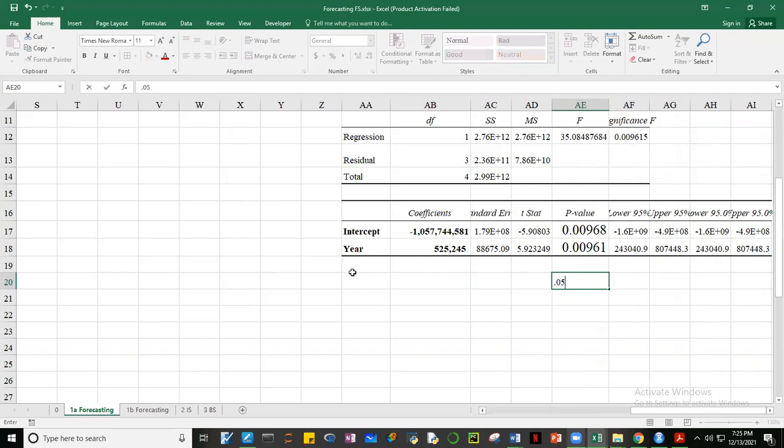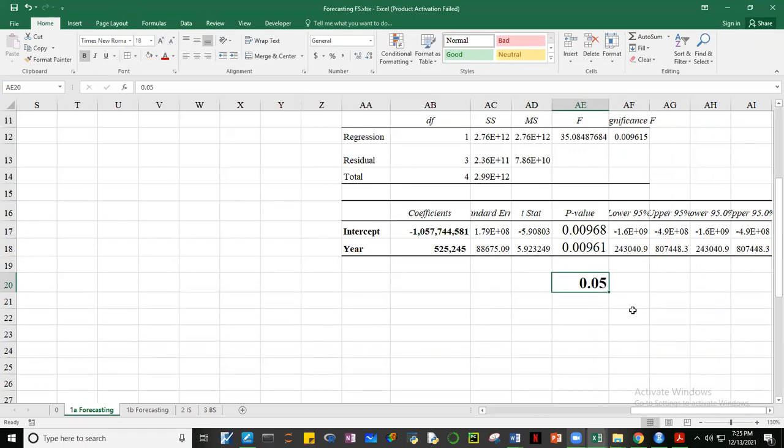So the usual rule is that we compare this with the level of significance. So ang tawag natin dito level of significance. Okay?